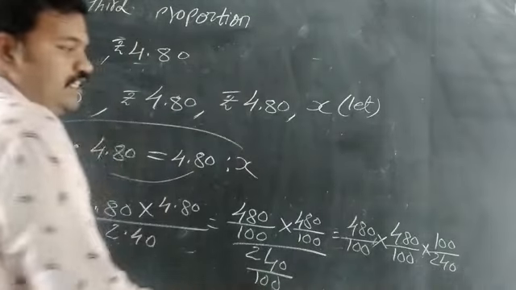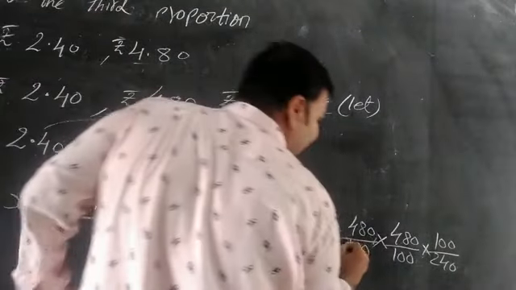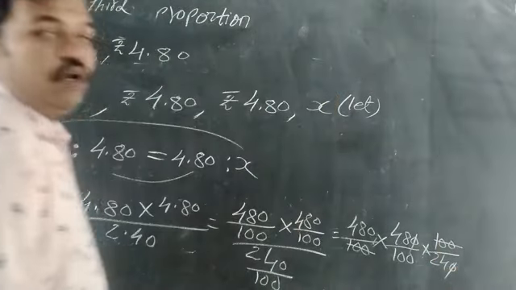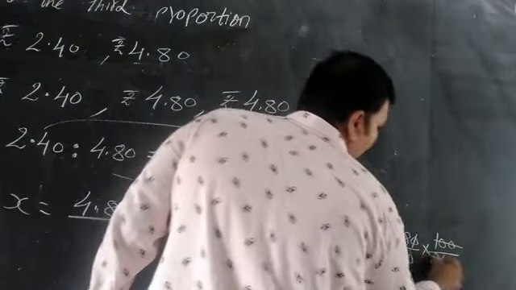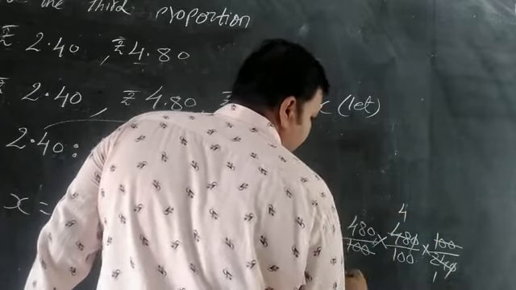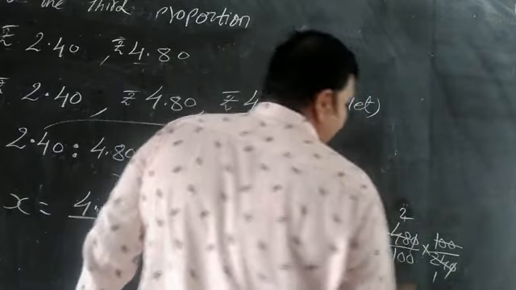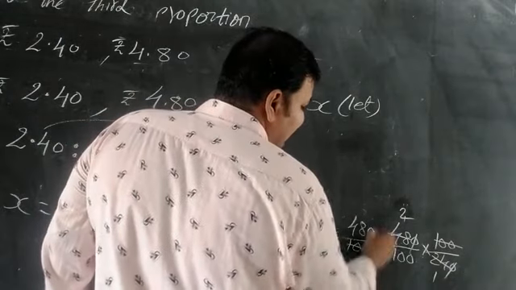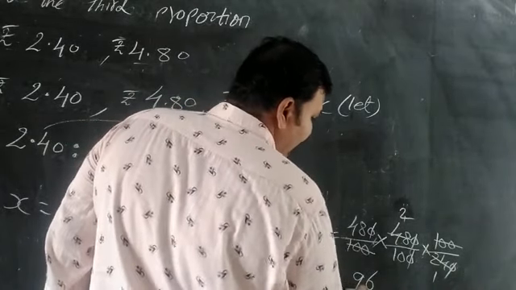This becomes the reciprocal. Now this 100 will cancel. 0, 0 cancel. 24 table 1 time, 4 times. 24 twos are 48, into 2. 48 into 2 is 96. 0, 0 cancel by 10.